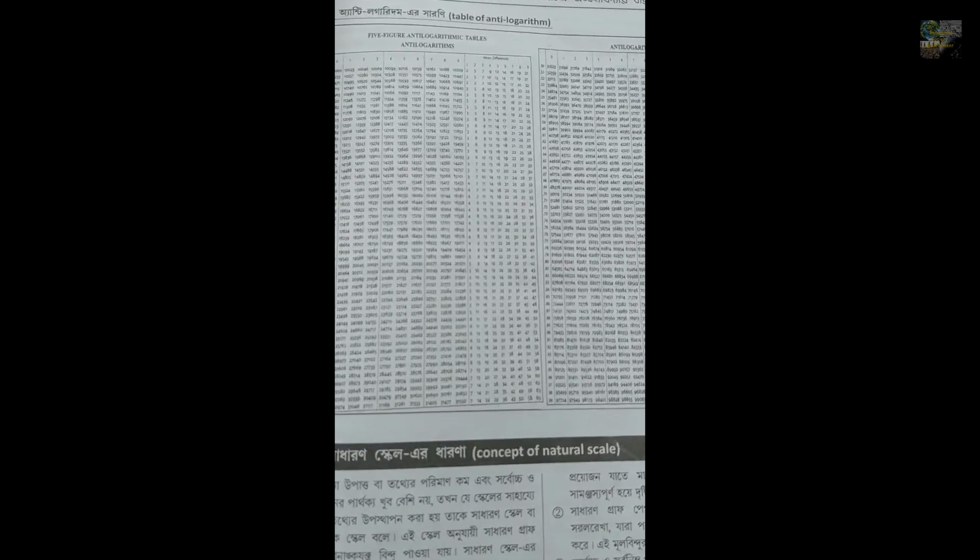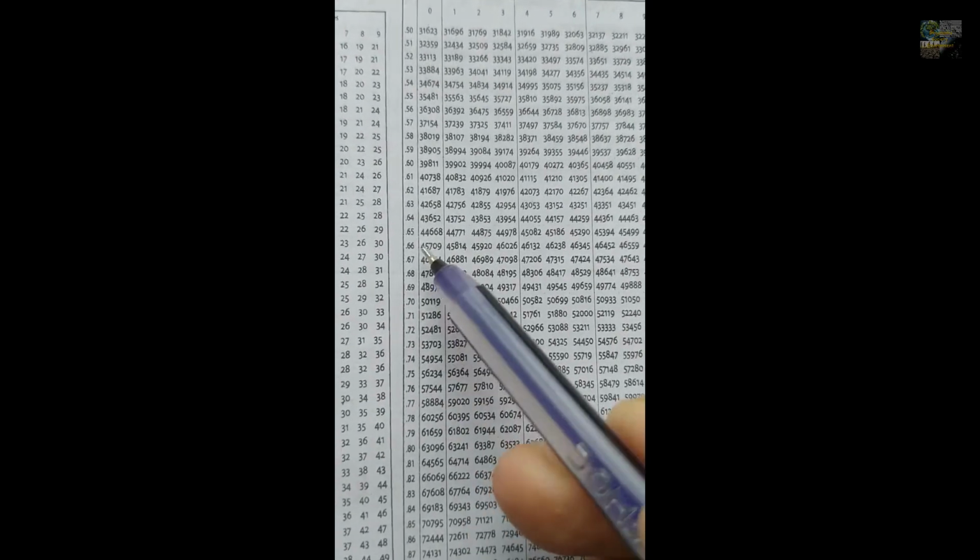In this case I have to go to the 0.69 row, and the column is 9. The mean difference column is 2.